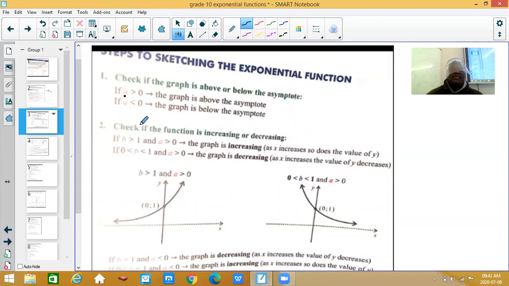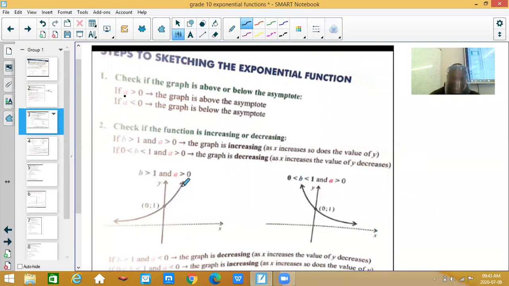So that was number one. Number two, check if the function is increasing or decreasing. If you are analyzing whether the function is increasing or decreasing, you analyze whether when x increases, the y value increases. But in this case, if you look at the gradient, change in y over change in x, it will show that it is decreasing.